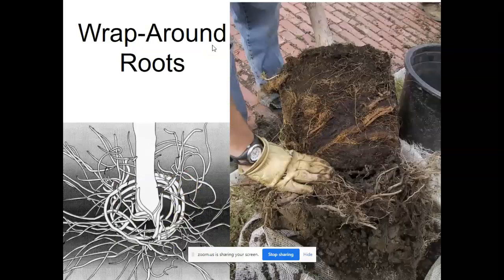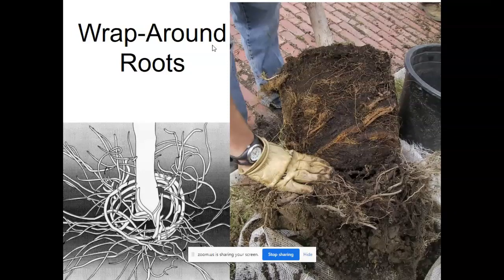All right, who's ever pulled a tree out of a pot and seen this? Yep, some people are shaking their heads, I see. This is what we like to call Medusa hair, if anybody knows the reference to the story about Medusa and the snakes in her hair. So if you encounter this when you pull your plant out of the pot, then you need to interrupt those encircling roots.